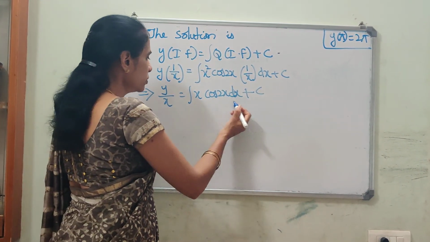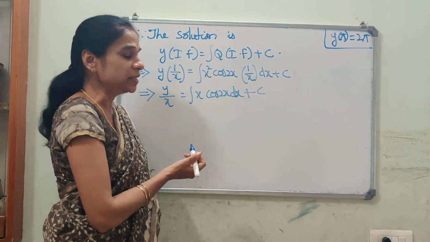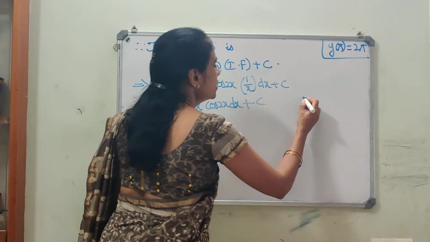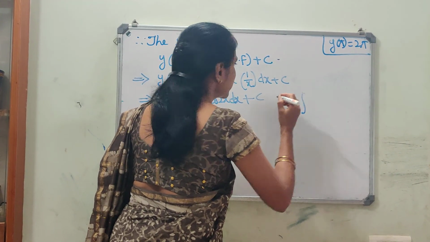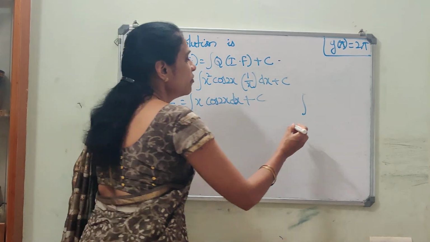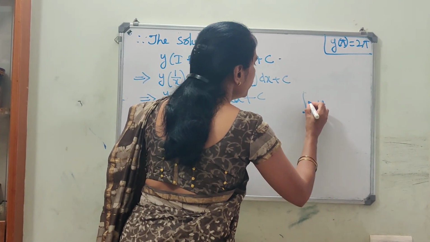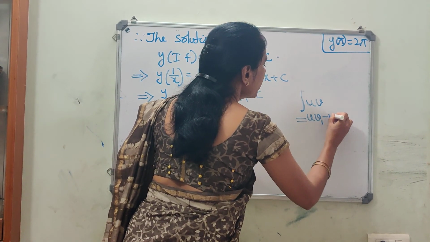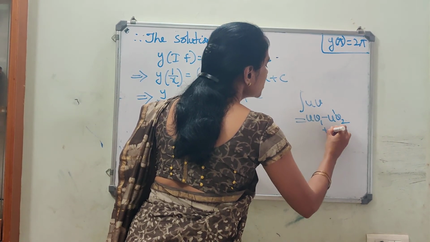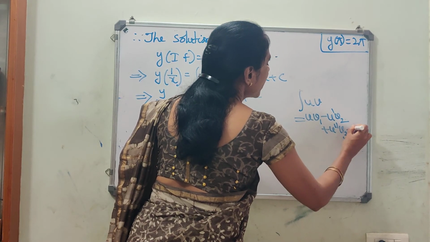So now you need to simply integrate it to get the complete solution. How will you integrate this? We will be using Bernoulli's generalized rule of integration by parts, which says that for integration of u v, it should be u v1 minus u dash v2 plus u double dash v3 minus and so on.